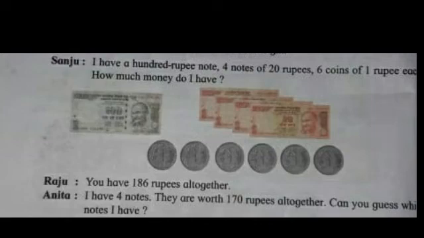So 100 rupees note plus 4 20 rupees notes makes 180 rupees. Now how many coins of 1 rupee are there? 1, 2, 3, 4, 5 and 6. So 186 rupees. So Raju, you have 186 rupees altogether.